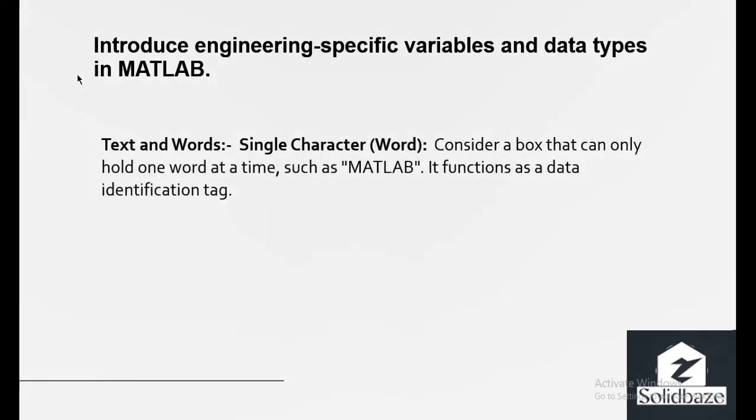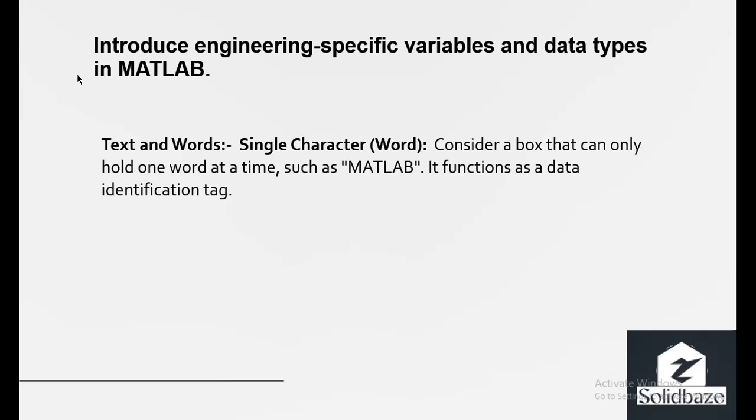Then we have the text and words. We'll call it the single character data type. Consider a box in the same way that can only hold one word at a time, such as Matlab. So the whole box can only contain Matlab.